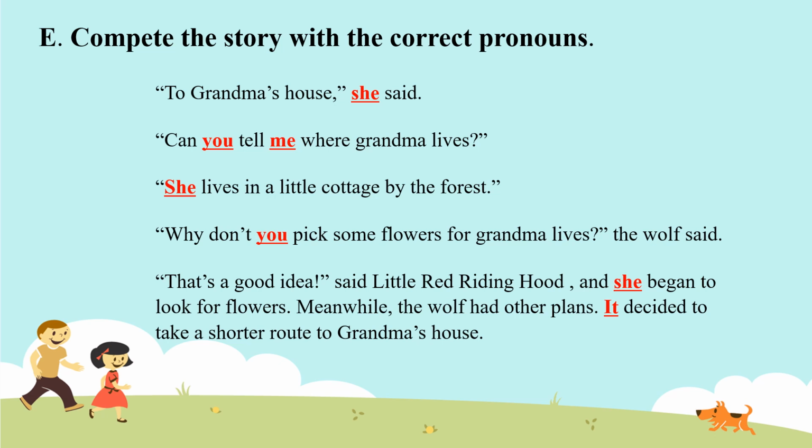"Can you tell me where Grandma lives?" "She lives in a little cottage by the forest." "Why don't you pick some flowers for Grandma?" the wolf said. "That's a good idea," said Little Red Riding Hood, and she began to look for flowers.